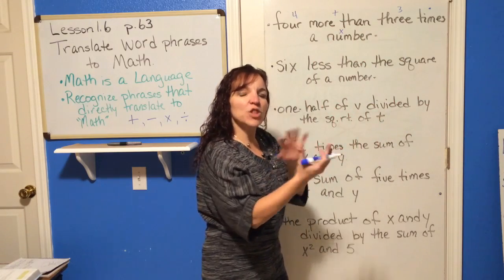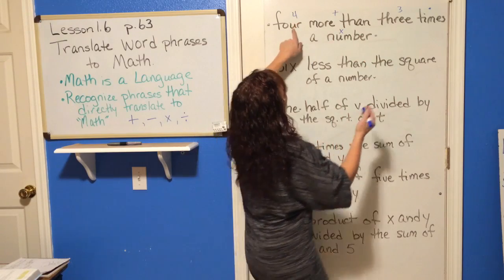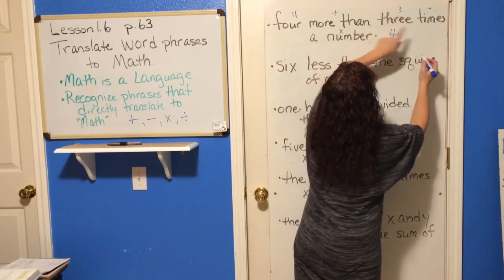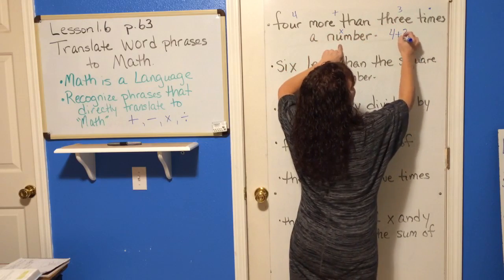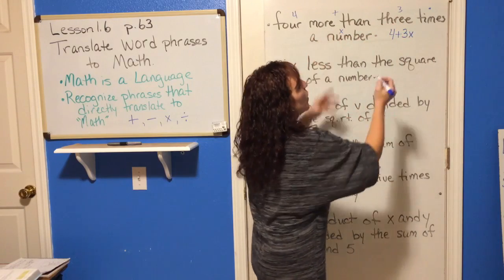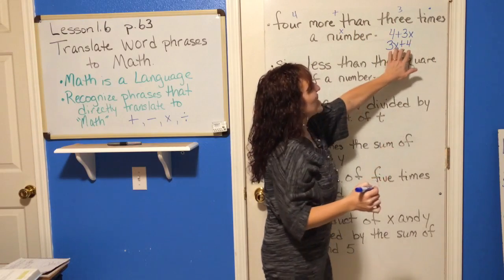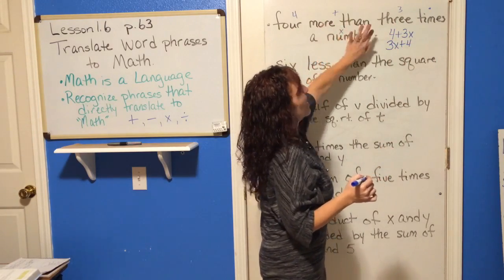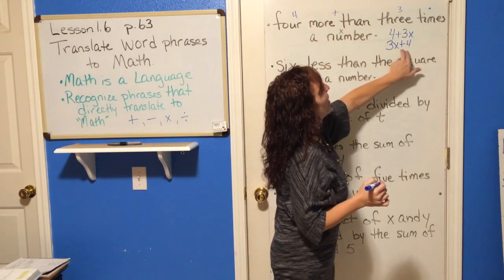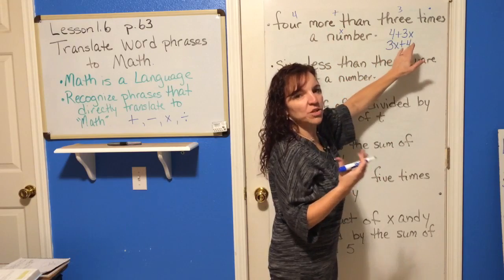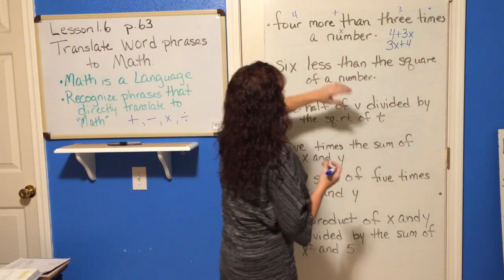So in this case, either one will be correct. We can either have 4 plus 3 times a number, which would be just 3x, or we can have 3x plus 4. And either one, this is actually more correct because the more than kind of turns it around. 4 more than 3 times a number indicates we started out with 3x and we added 4 onto it. So either of those would be counted correct.